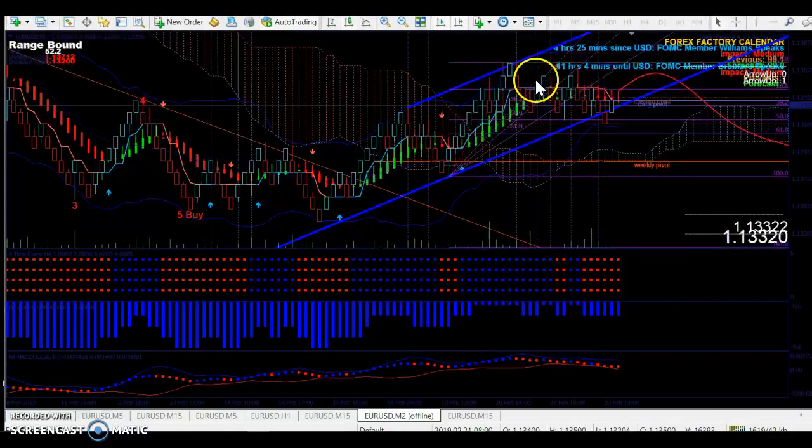But you see how these spikes that you get on Euro basically don't fool the Renko. So this is what I say when the range market is great.